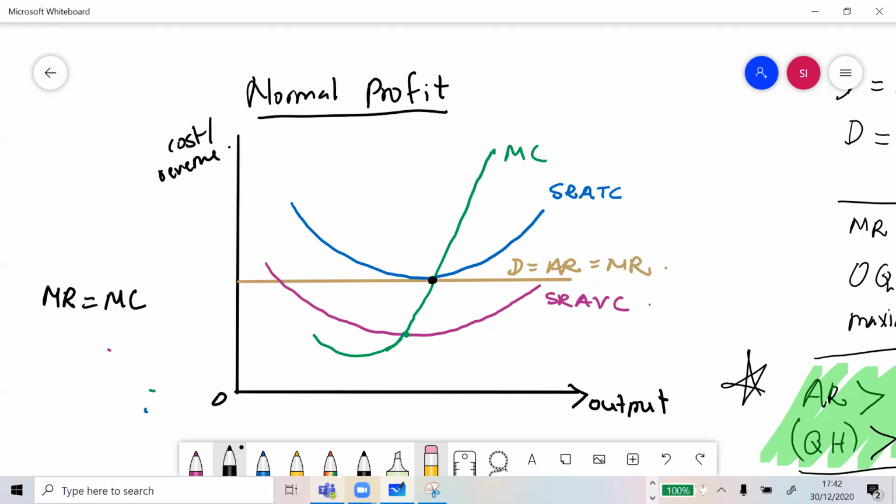So you can see here, MR is equal to MC, equal to my demand curve, equal to my AR curve, therefore equal to MR curve. Therefore, at this point, let me mention it as G, at point G, the firm in a perfectly competitive market makes a normal profit.